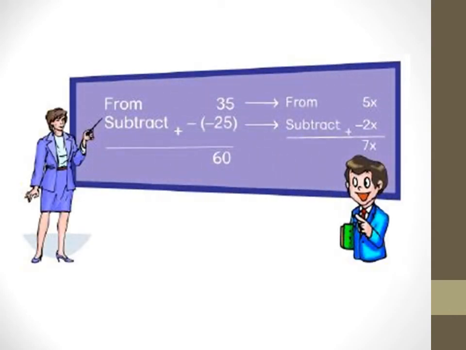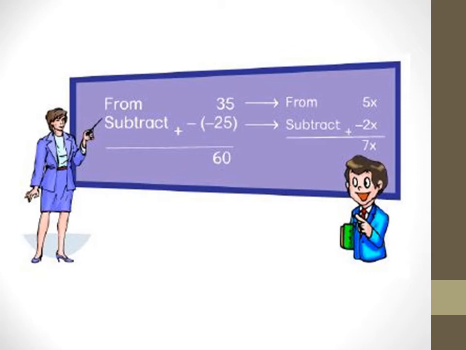In the same way, if we need to subtract in a vertical order, look at the left hand side, 35 minus minus 25. So minus minus gets a positive sign. So 35 plus 25 gives us 60. In the same way, we can subtract two terms of algebraic expressions using the same method.